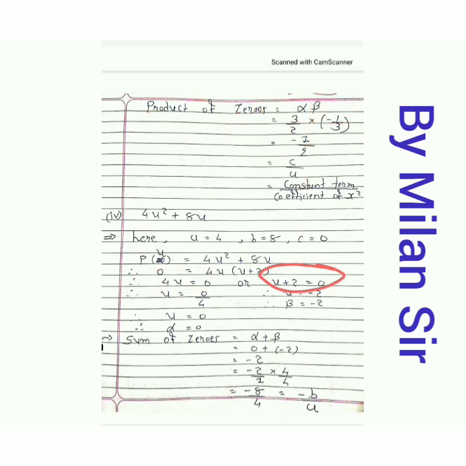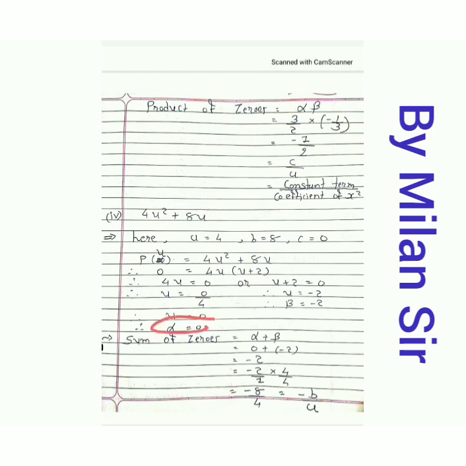Then find out the value of u. So 4u is equal to 0, so transfer 4 to the right hand side, so divide by 4, it is also equal to 0. So my first zero is u is equal to 0. I give the name alpha to the first zero, so alpha is equal to 0.